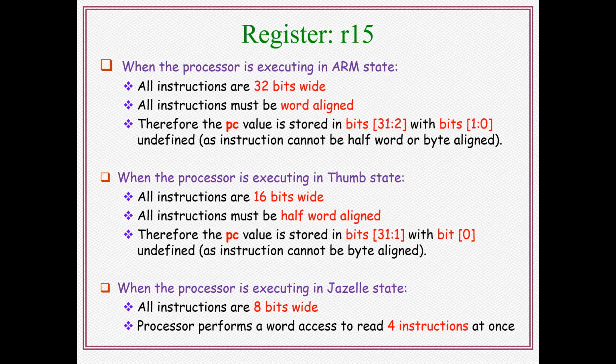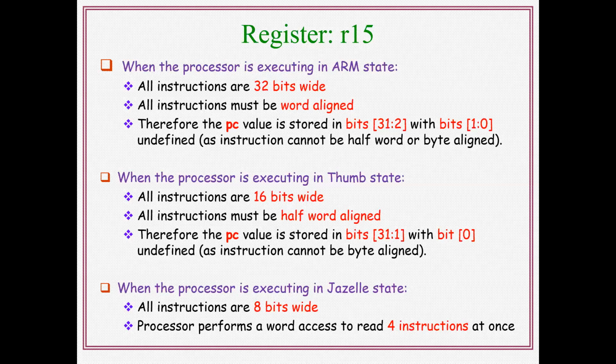Here word indicates 32-bit, half word indicates 16-bit. Therefore the PC value is stored in bits 1 to 31 with bit 0 undefined, because with half word alignment, 2 is added each time. First is 0, next 2, next 4, next 6, next 8, like that, 2 is added. So in that case, bit 0 is undefined.